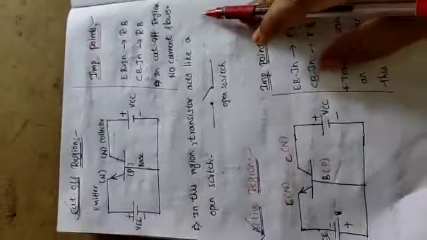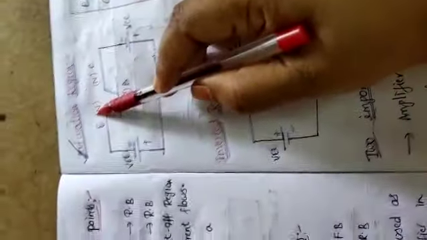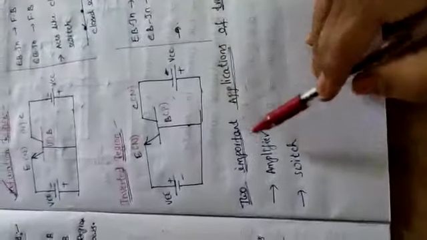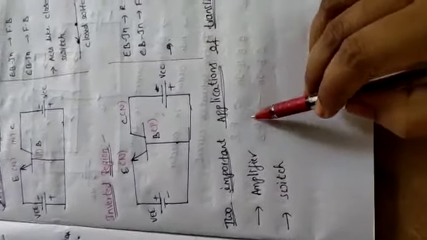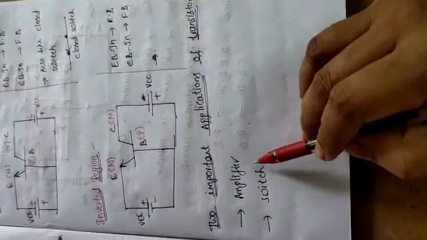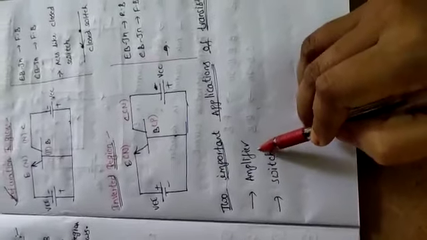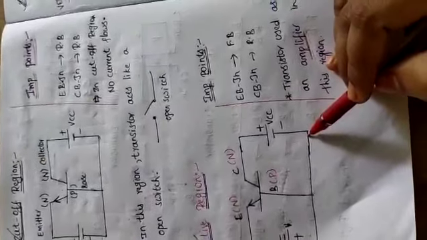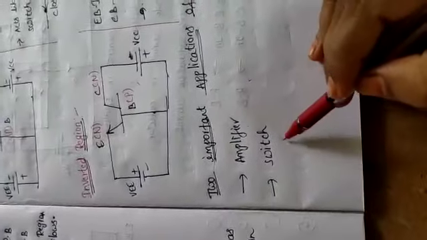The important regions are cutoff region, active region and saturation region. With respect to these operating regions, the two important applications of transistor are amplifier and switch. For amplifier, the transistor should be operated in active region. The second application is switch.